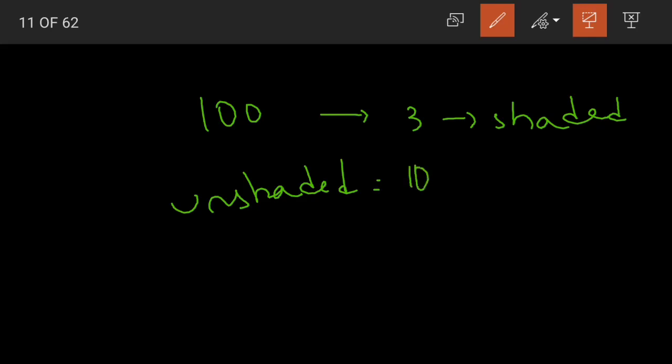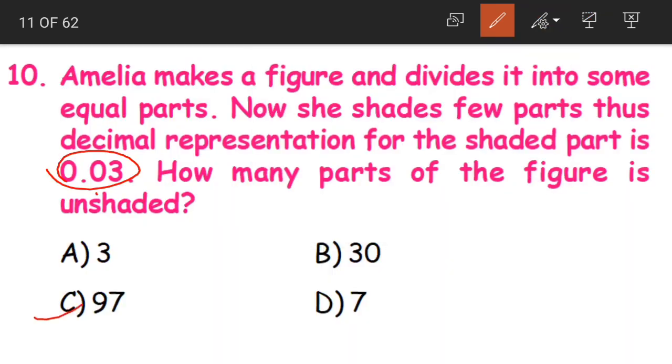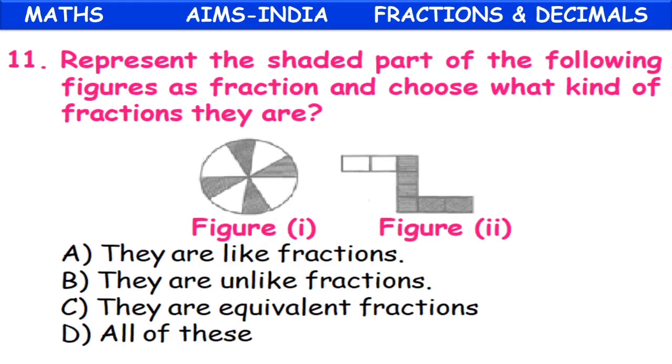Yes, very good. From the total number of parts we have to subtract the shaded parts. 100 minus 3 is equal to 97. So from 100 parts, 3 are shaded and 97 are unshaded. Option C, 97 becomes our correct answer. 97 parts of the figure are unshaded.